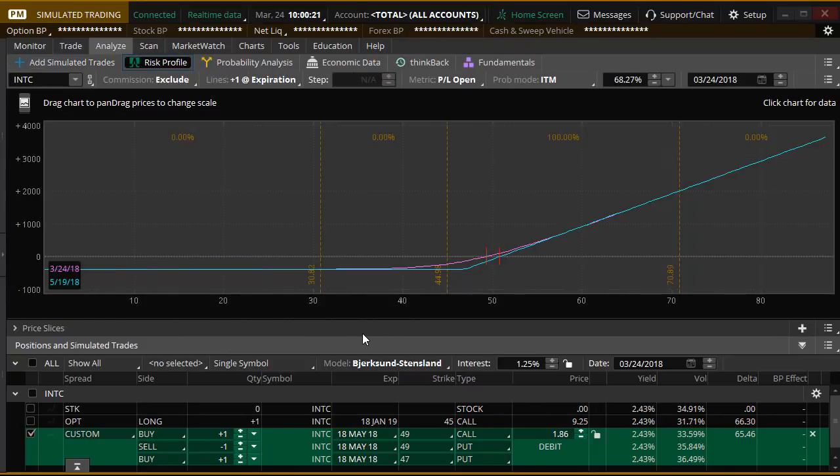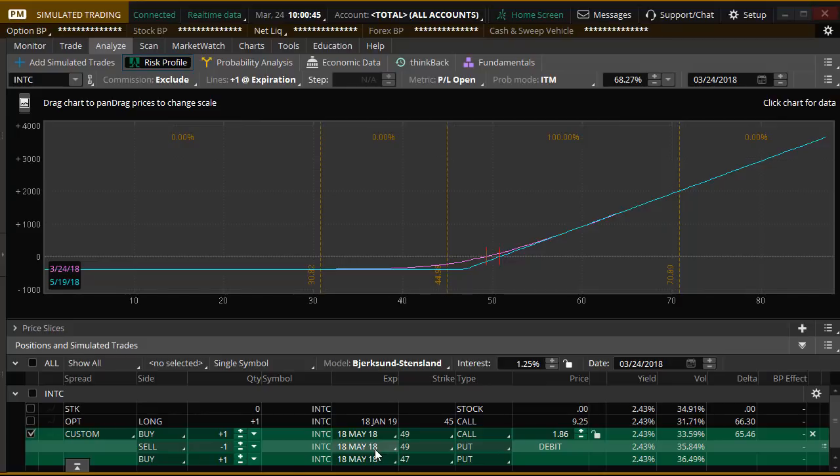Look at the risk profile. It's the same as the long call. This has a max risk now, the way I set this one, at 396 or 386. And an unlimited upside potential. It's because of where we set the stop loss.